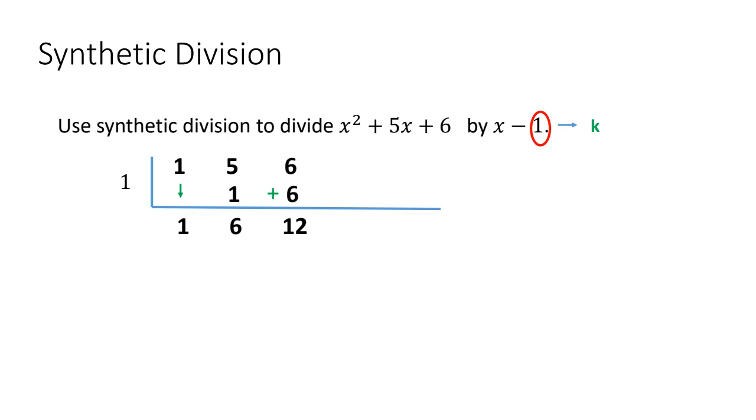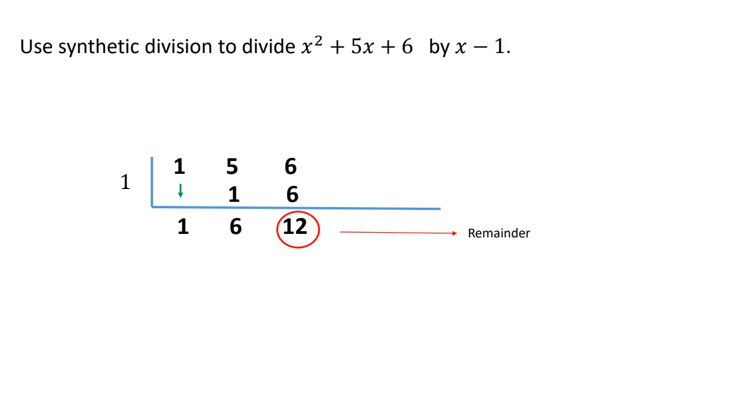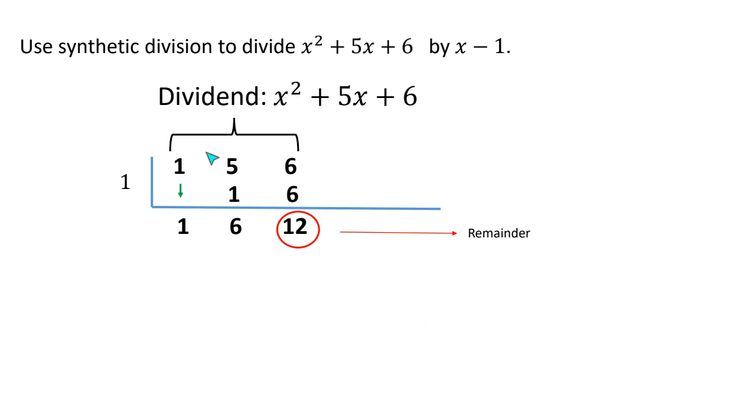So now the way we're going to get our answer out is that last number. That's your remainder. And then the dividend, this is just what was inside, right? But these two numbers before the remainder are what's going to make up your quotient. So to write your quotient, we're going to take 1 degree less.